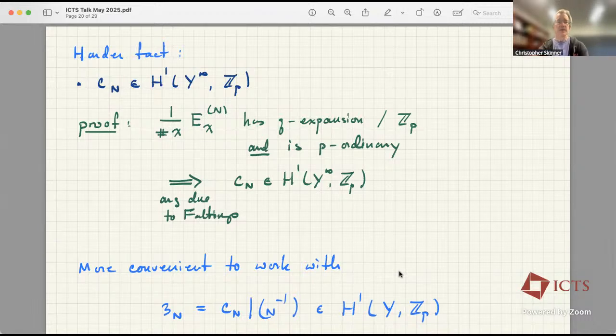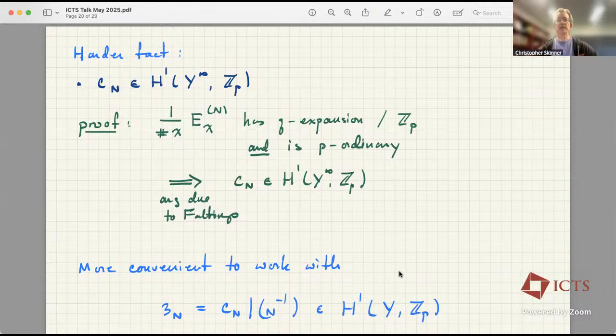All right. And then an argument due to Faltings allows us to conclude in this case, and very generally, that because the class is ordinary and because the q-expansions are integral, the étale cohomology class associated with C_n is in fact an integral class.